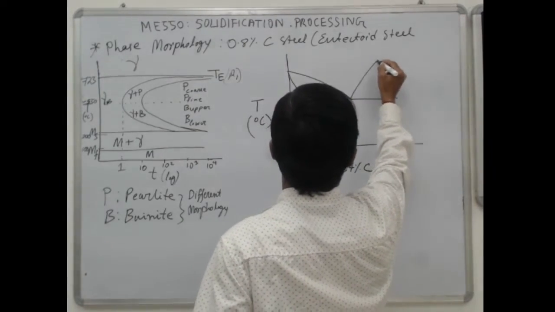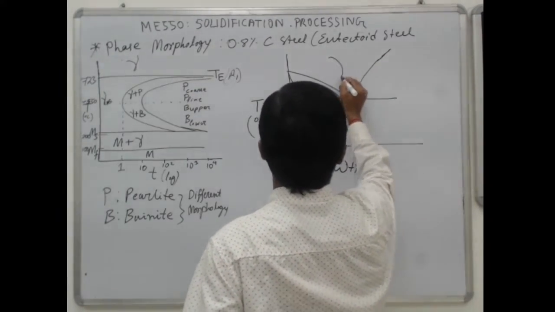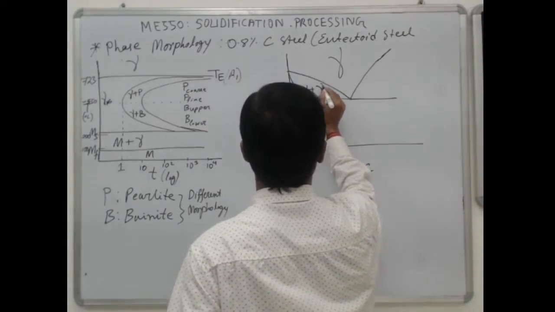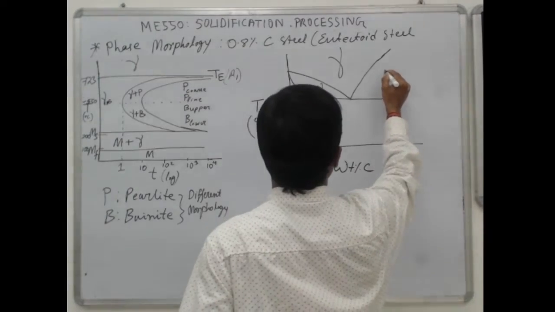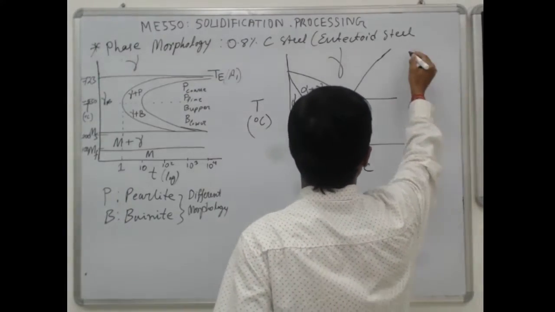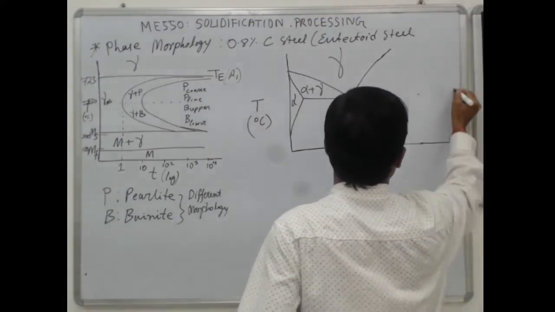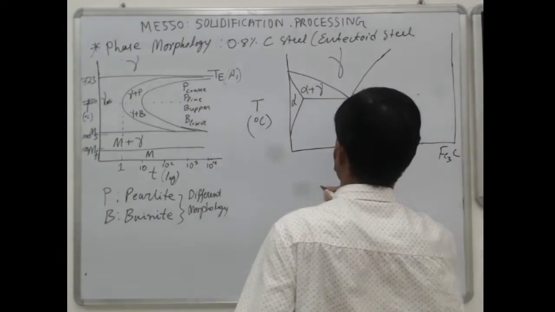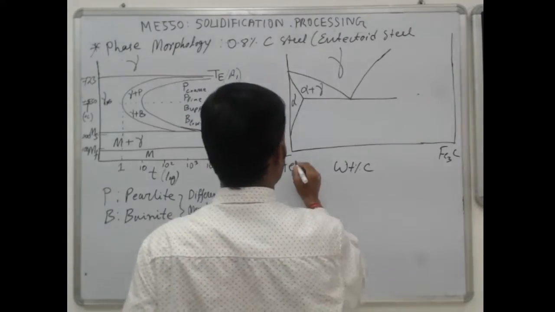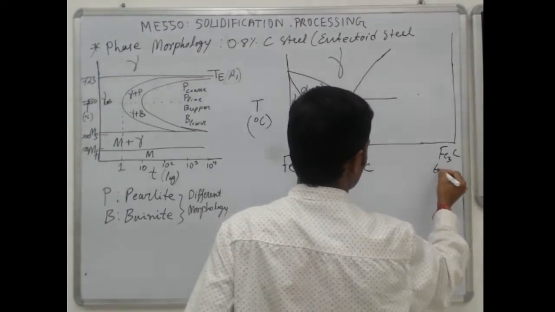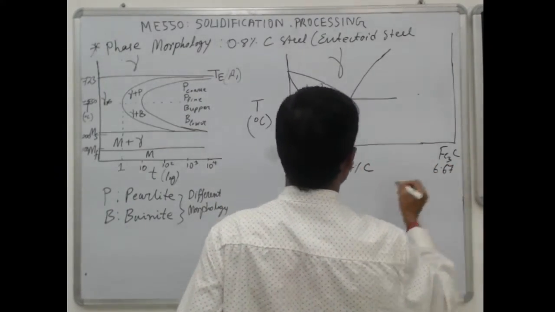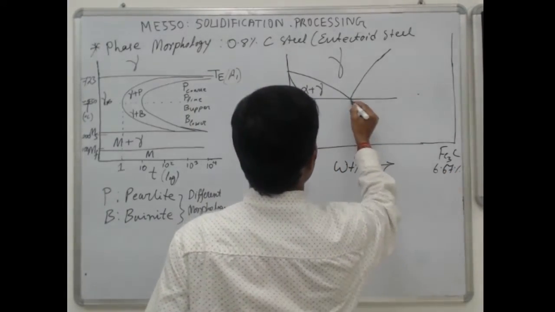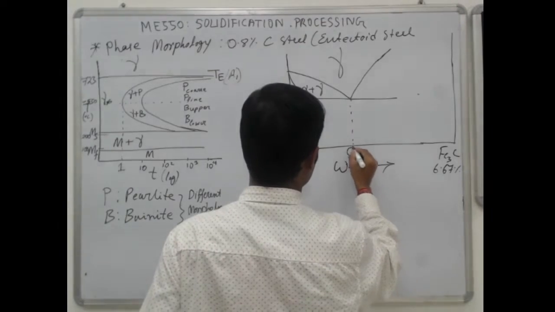Here you have alpha ferrite, alpha plus austenite. In the end you have Fe3C, at 6.67% carbon, here it is pure iron, and here the eutectoid steel has 0.8%.